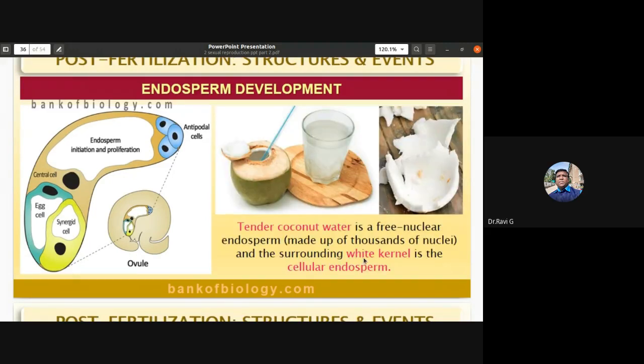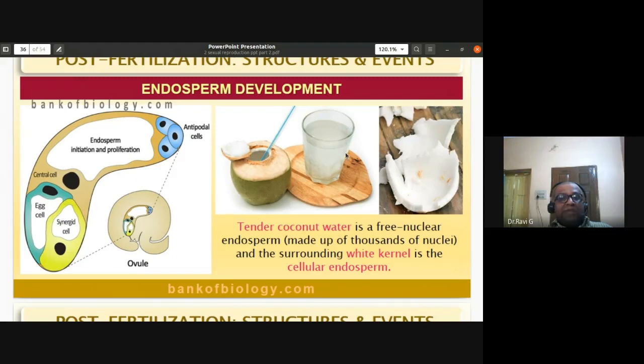In tender coconut water, the coconut milk, we have free nuclear endosperm, which is made up of thousands of nuclei, but they have not formed cells. But the meat of the coconut, the surrounding white kernel, is the cellular endosperm, where the free nuclei are arranged into a cellular organization.